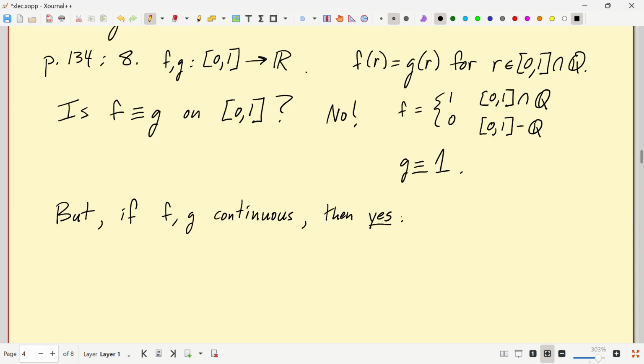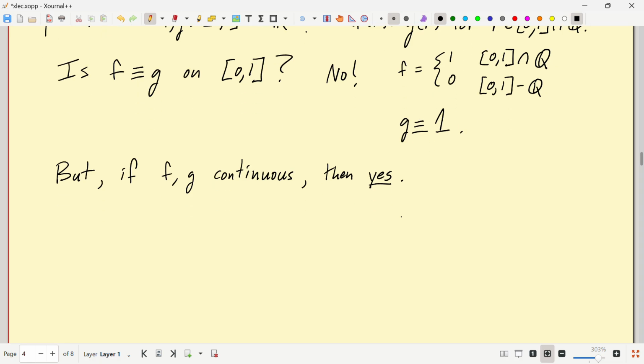And let's see, so we know they're equal on the rational numbers. You would pick an x naught that would be irrational. So it would be 1 minus q. That's irrational.